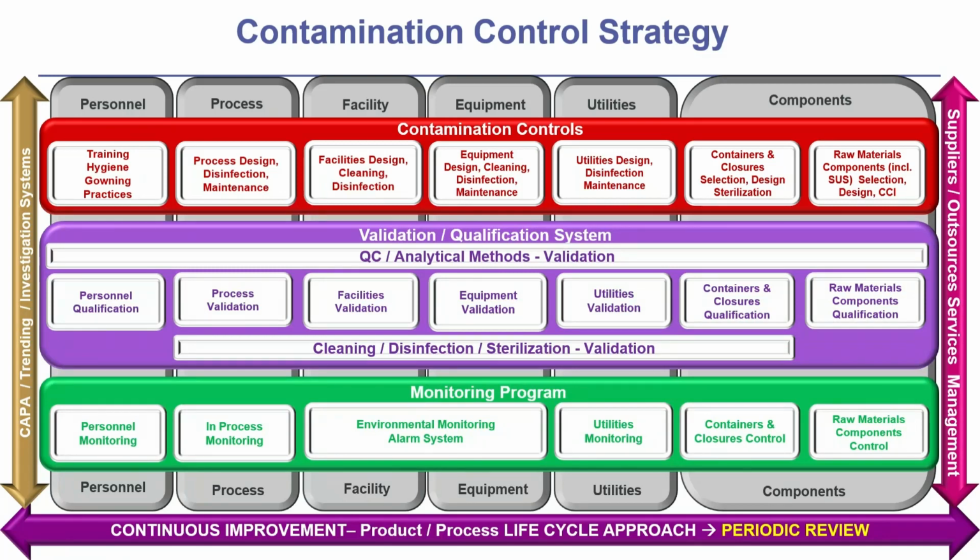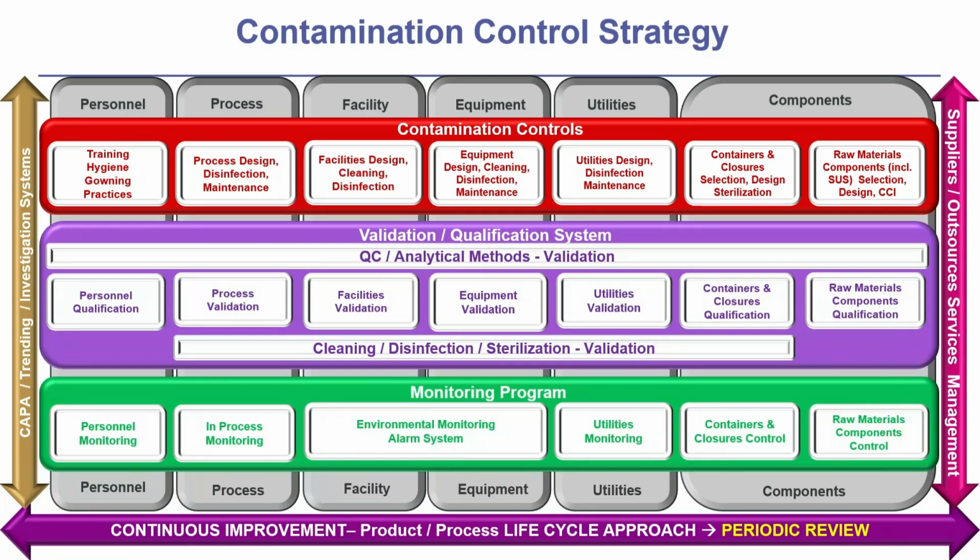This slide gives you a summary of the contamination control strategy, including the different topics: the personnel, the process, the facilities, the equipment, the utilities and components, with the 3 steps of the contamination control strategy.